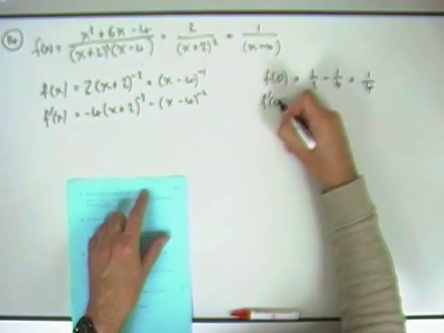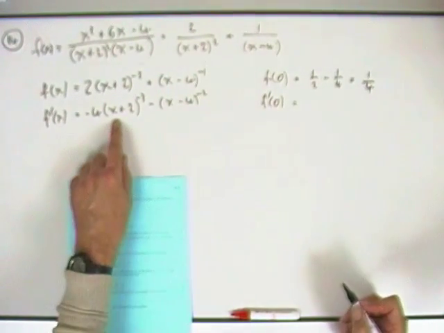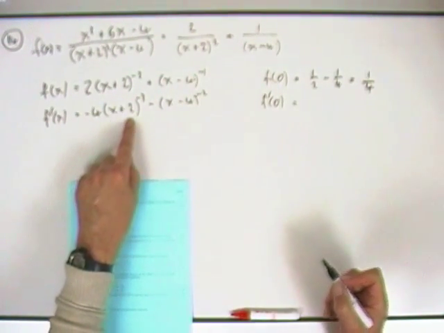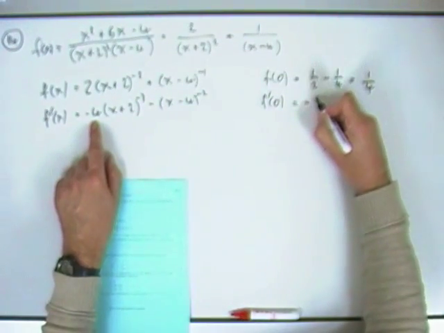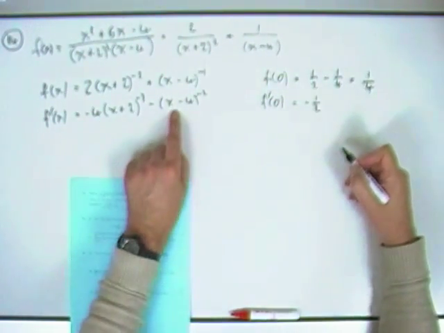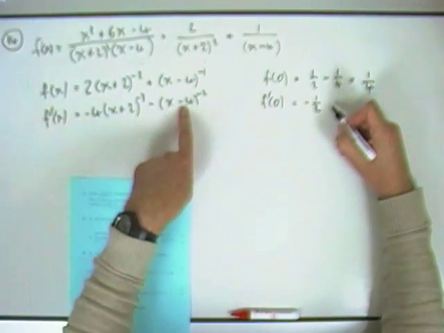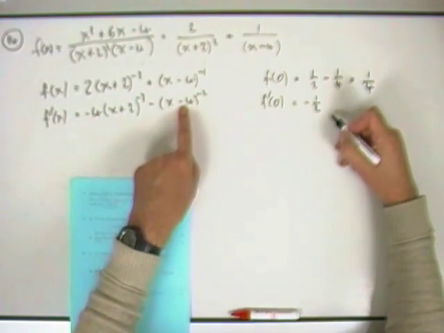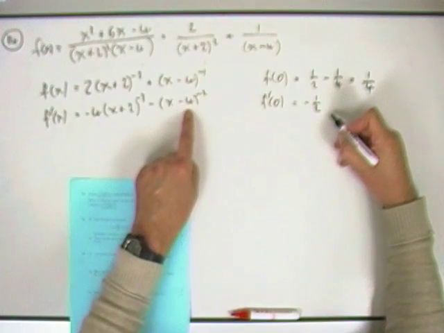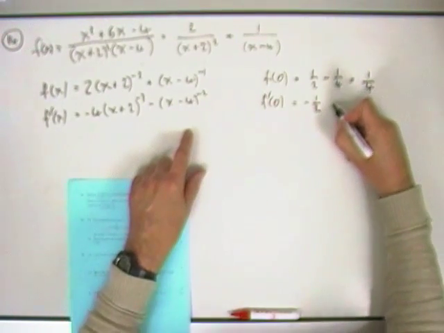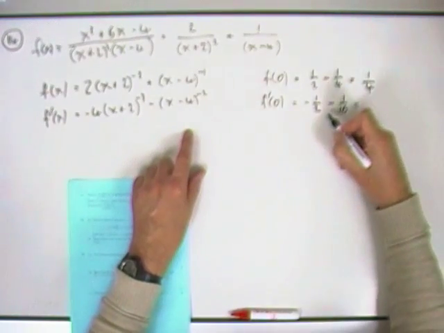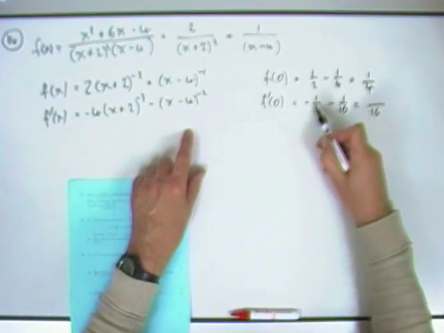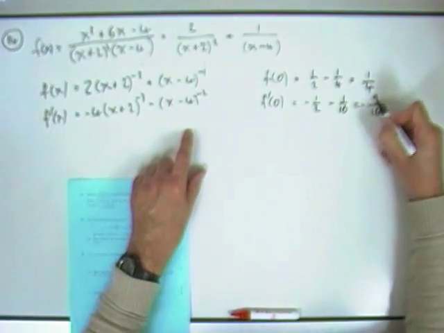Work out that first derivative at 0, so I've got a 2, so that's an 8 underneath, so it's negative 4 over 8, which is negative a half, and that's going to be negative 4 underneath squared, so that's negative a 16th, but subtract it, so it's minus a 16th. So I've got 16ths altogether there, that's 8 of them and another one, so it's negative 9/16.